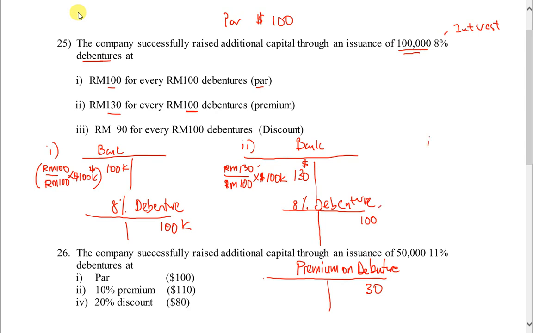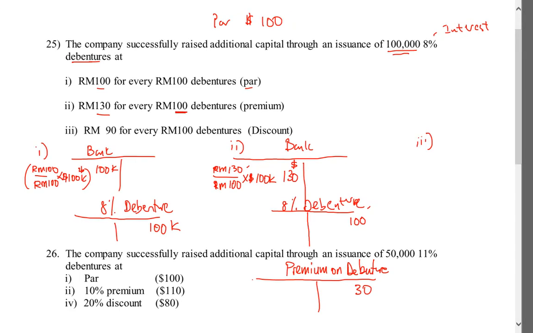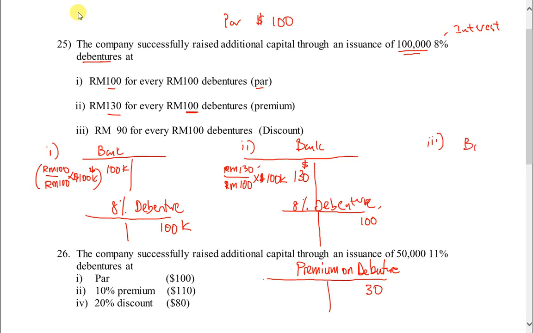Number three, this time I issue at $90, which means I issue at a discount. So 90 out of 100 times I borrow 100,000, the amount I'm going to receive is $90,000, debit bank.